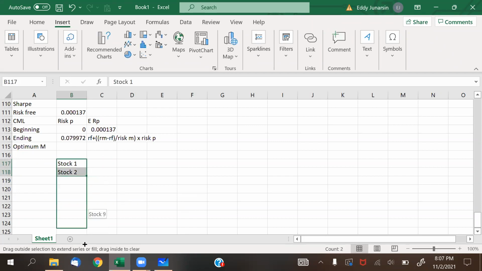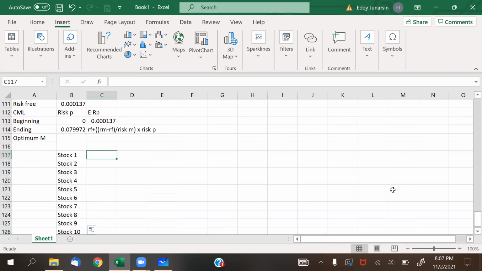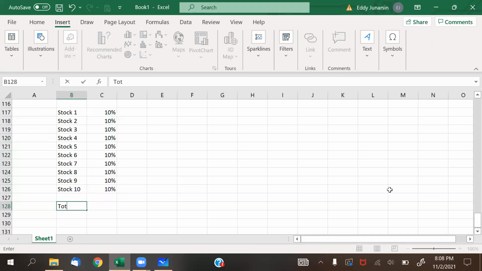So we have 10 stocks. For now, we just write as we did before, just 10% each, and the total would be 100%.